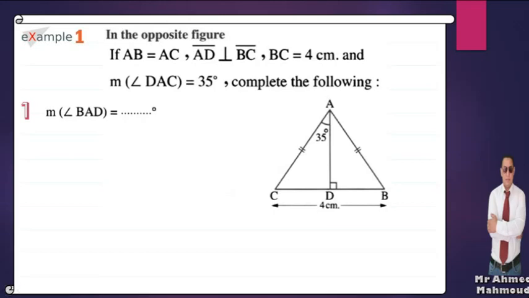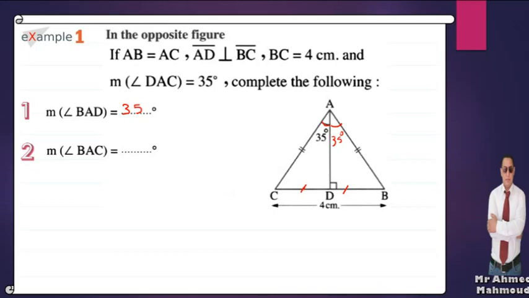Because this line is the axis of symmetry, it bisects the base, and since it is perpendicular, it bisects the vertex angle. Here we have 35 degrees, then the other angle will also be 35 degrees, then BAD equals 35 degrees.